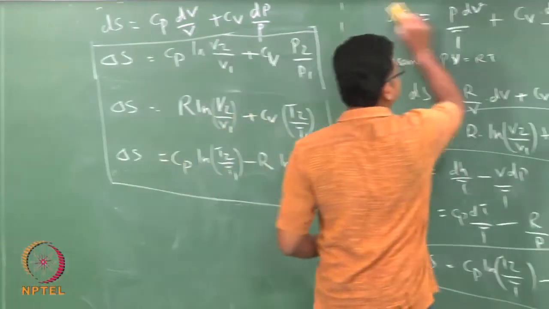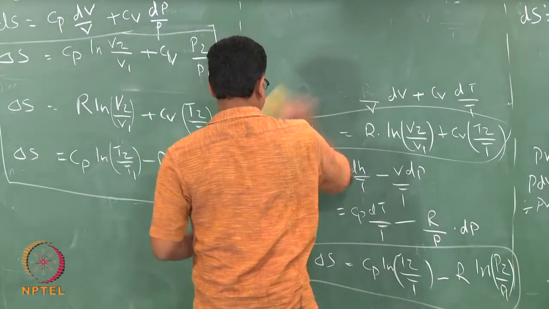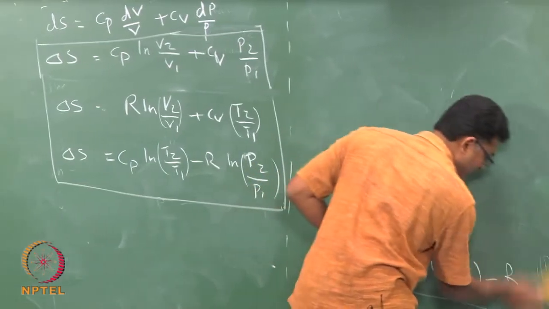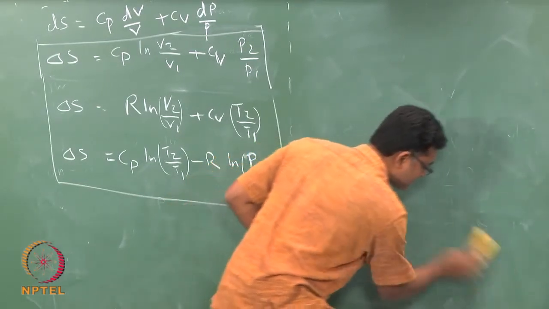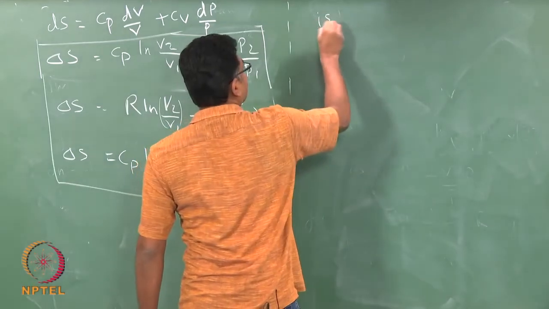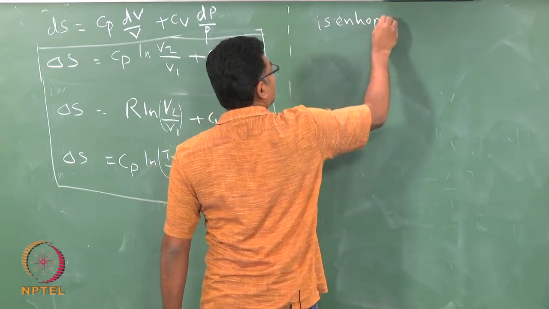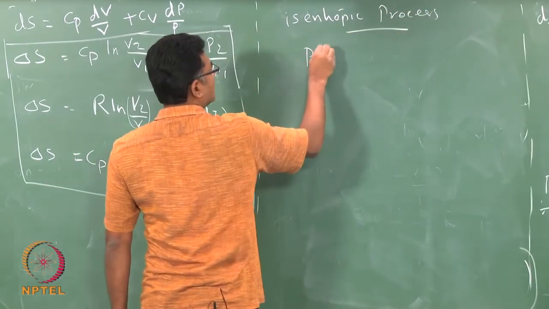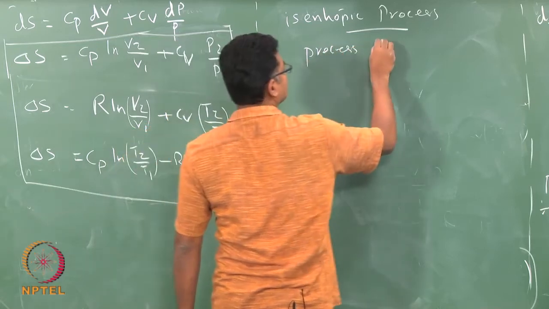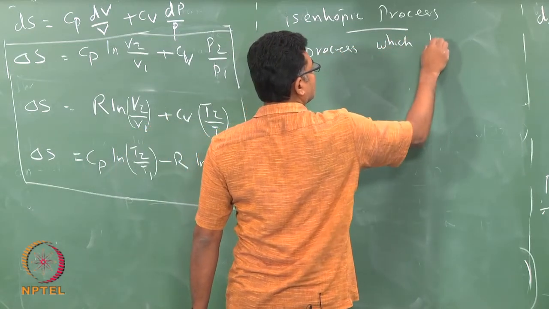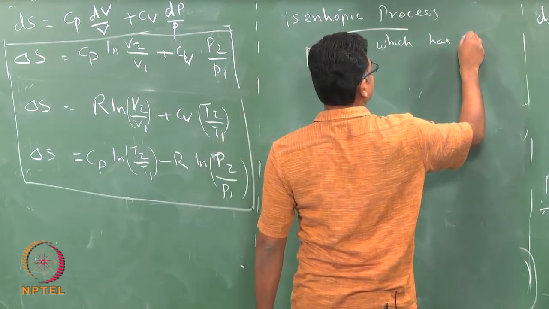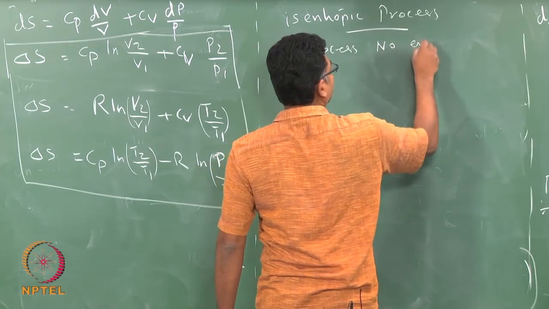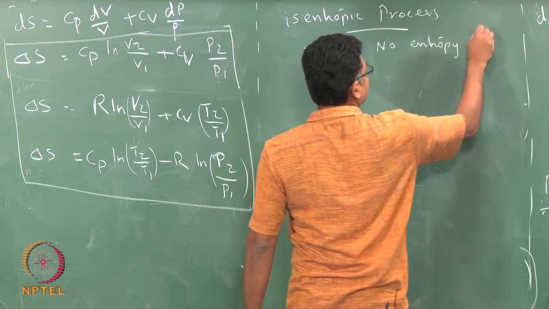Okay. Now let's look at the isentropic process. What is an isentropic process? A process with no entropy change.